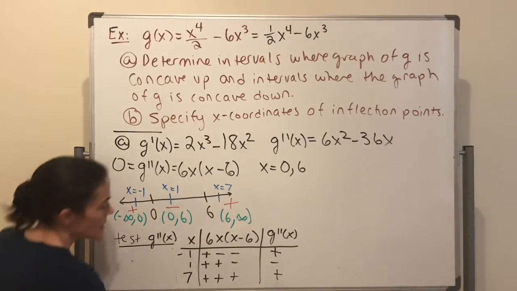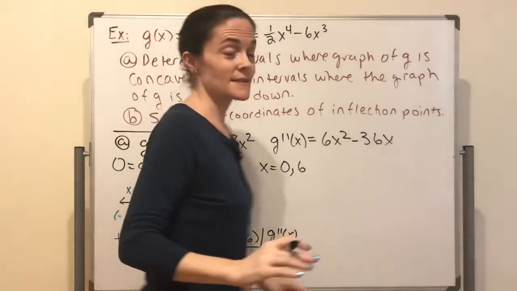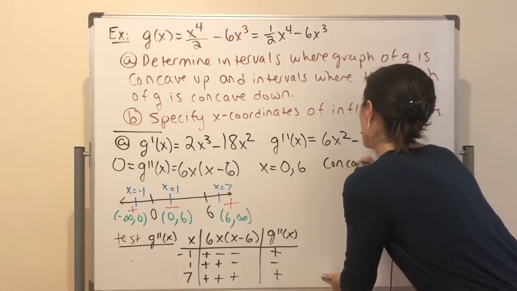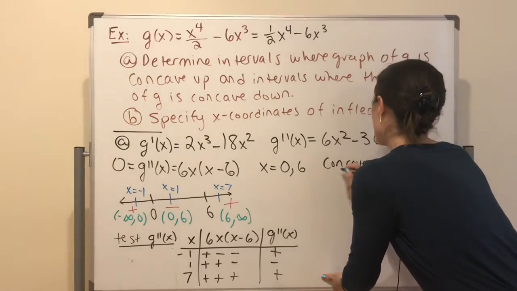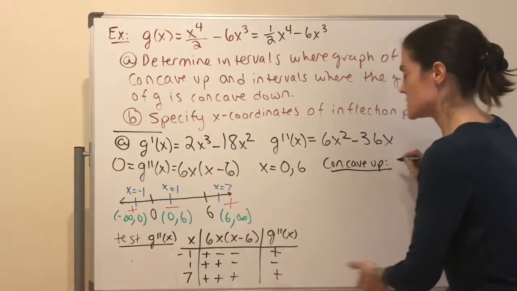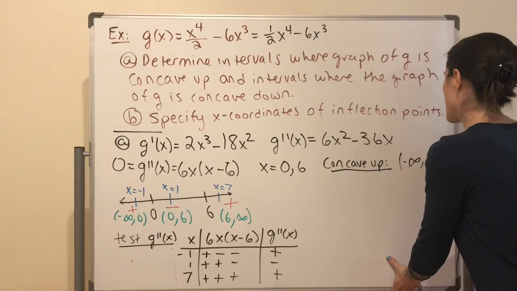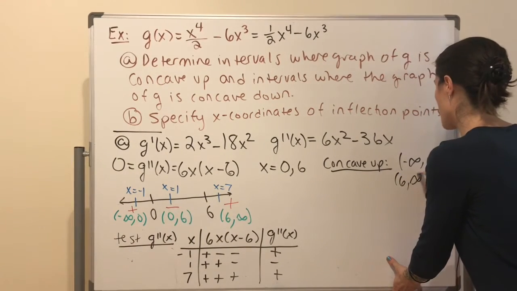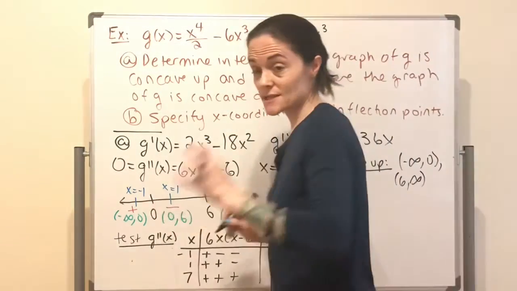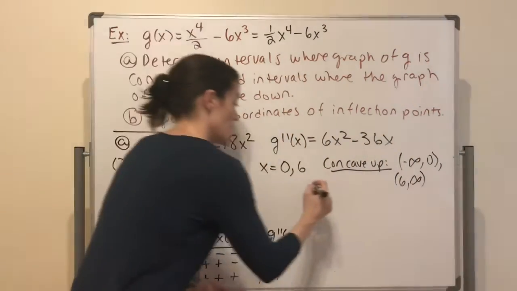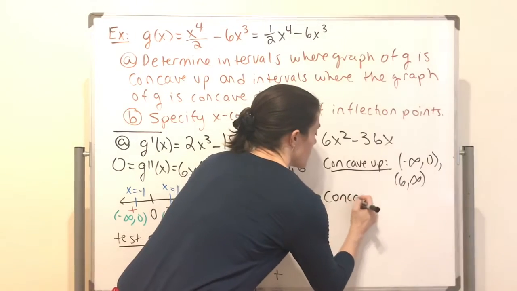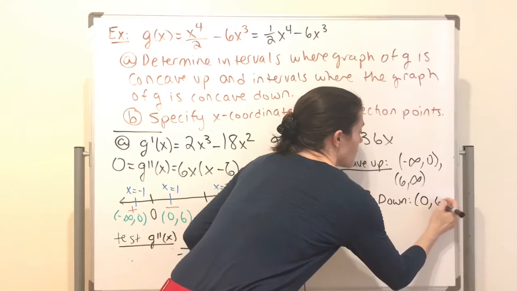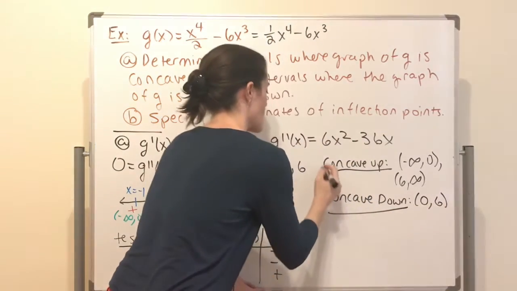So this tells us my original function is, part A, good, concave up on the following intervals where I see a plus, minus infinity to 0, and 6 to infinity. And is concave down just on this one open interval, 0 to 6. Okay, this is part A.